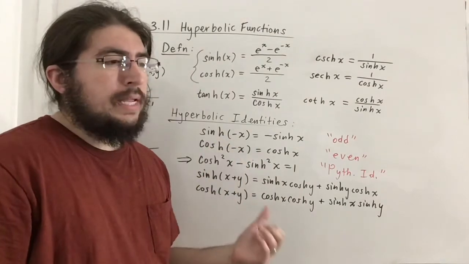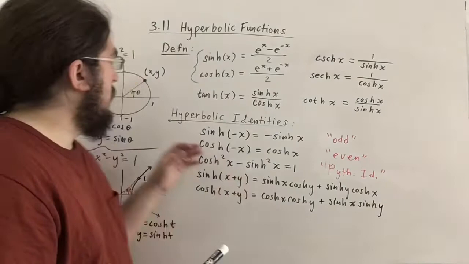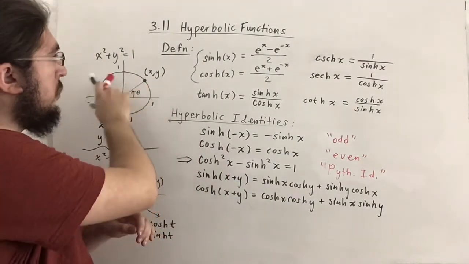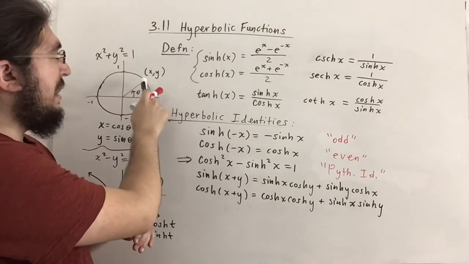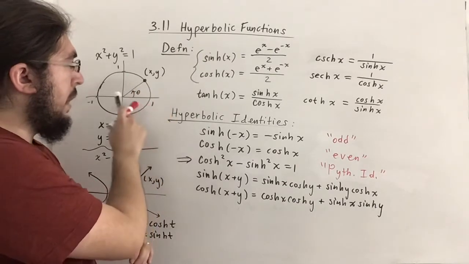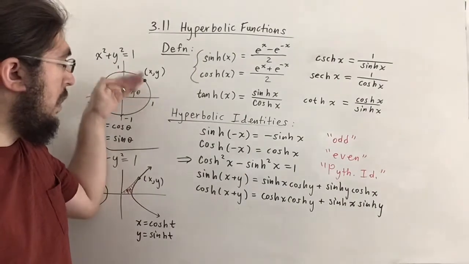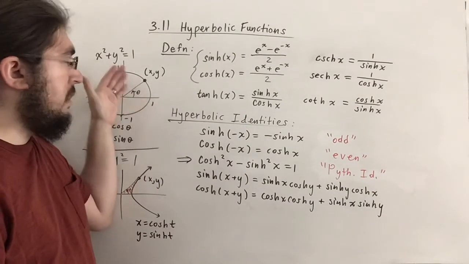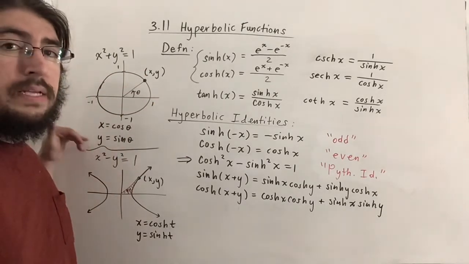What that means is, as we've seen in trigonometry, hopefully you remember, if you have a unit circle, the equation of the unit circle centered at the origin is x squared plus y squared equals 1. And if you have a given point on the unit circle, x comma y, and the angle from the positive x-axis to that point, along a straight line radius, is theta, then x will be cosine of theta, and y will be sine of theta.